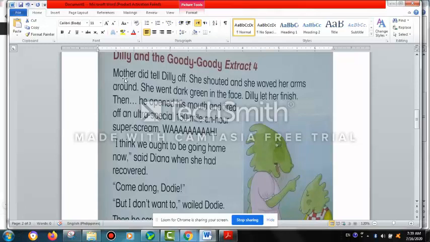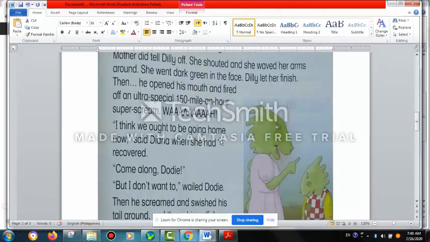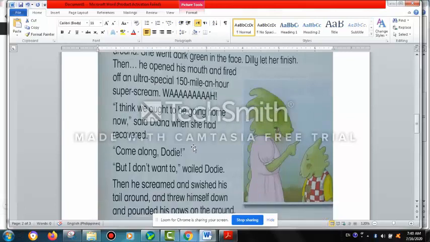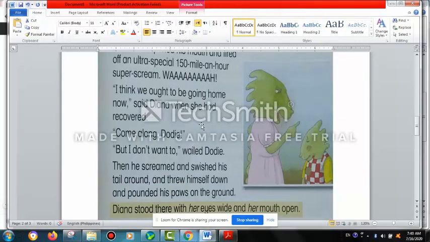Mother did tell Dilly off. She shouted and she waved her hands around. She went dark green in the face. Dilly let her finish. Then he opened his mouth and fired off an ultra-special 150-mile-an-hour super scream. "Wah!" "I think we ought to be going home now," said Diana, when she had recovered. "Come along, Dodie." "But I don't want to," wailed Dodie.